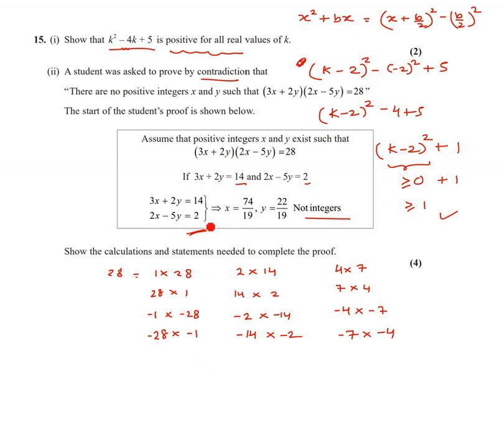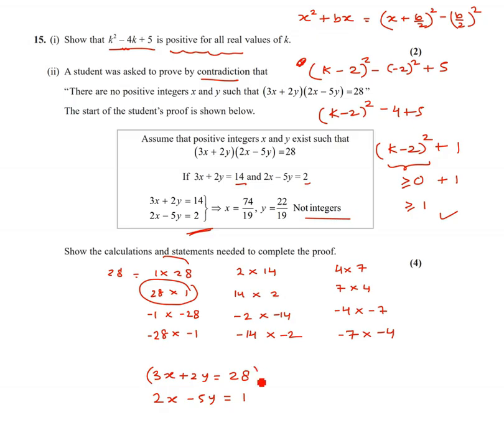So let's try another possibility. Let's say we consider 1 and 28, or 28 and 1. Let's say this one. So that means 3x plus 2y equals 28, and 2x minus 5y equals 1. Now to solve this, we need to make the coefficients the same.